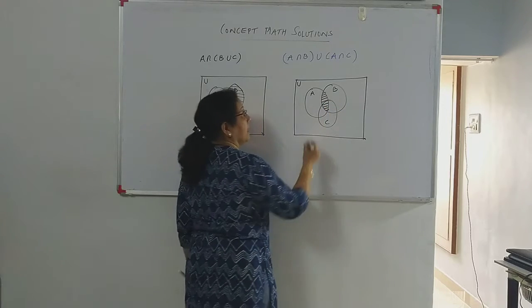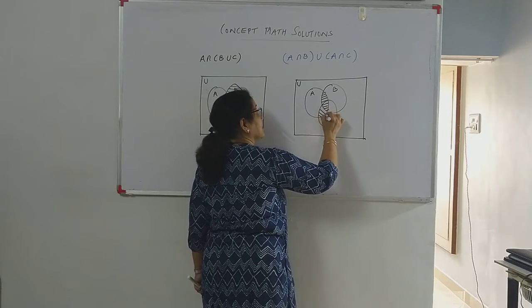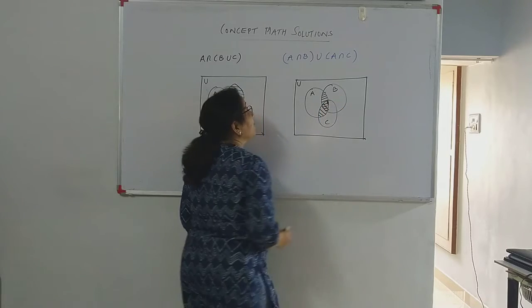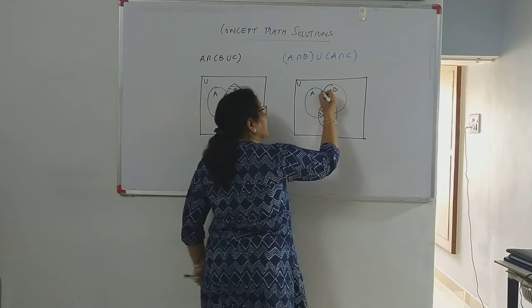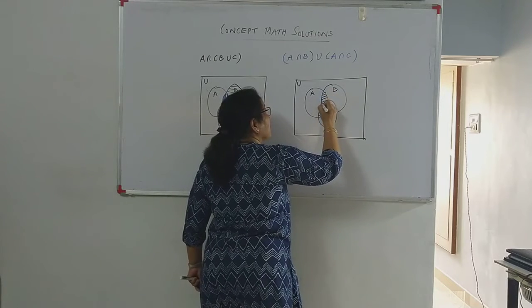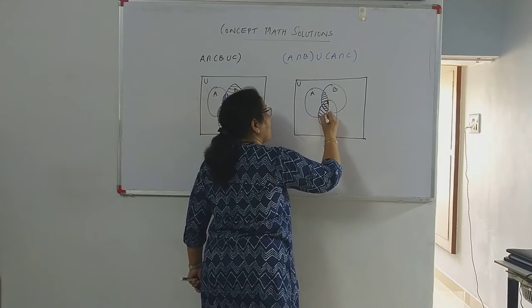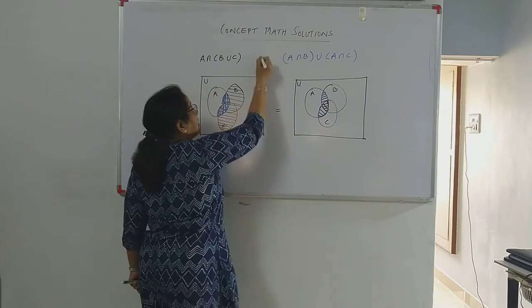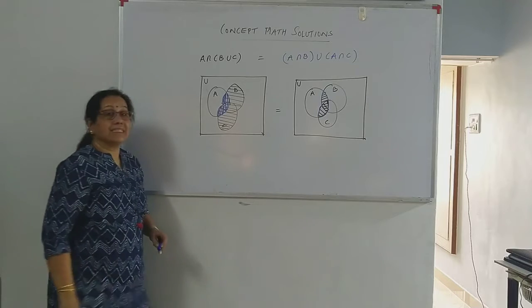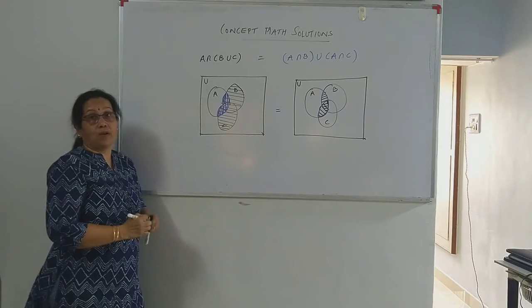Then I want A intersection C. It is this. And I want the union of it, that means all the portion. That is we have the same part as the union. It is this. Right, that is both are equal. That means intersection distributes over union.